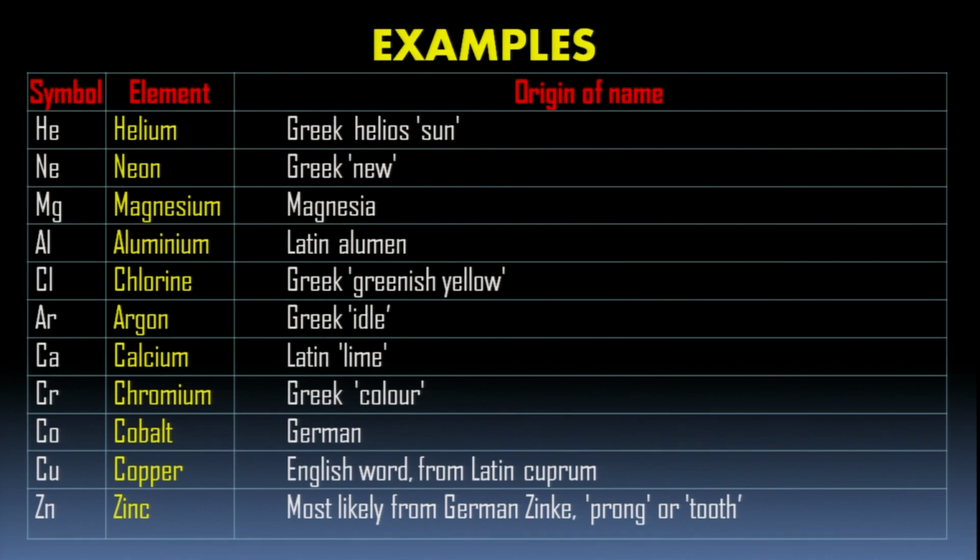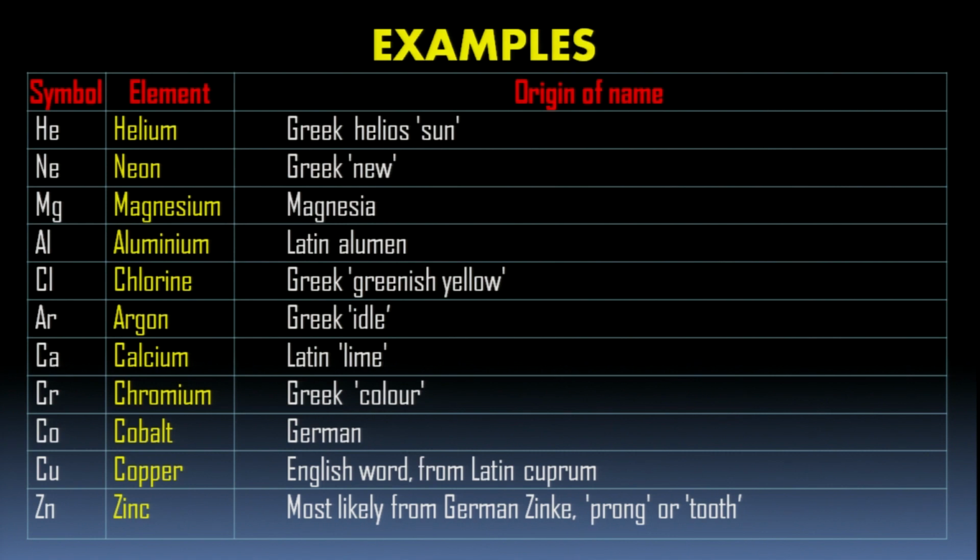We denote it by Cl. Argon, in Greek, means idle. Why do we call it idle? Because they're the least active elements. These are noble gases or inert gases.